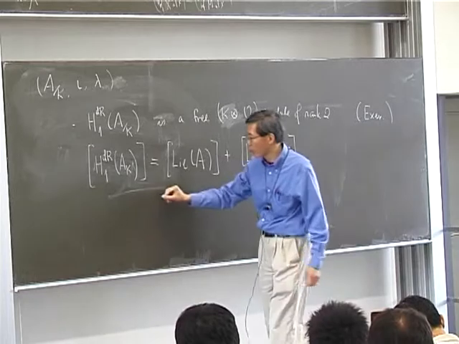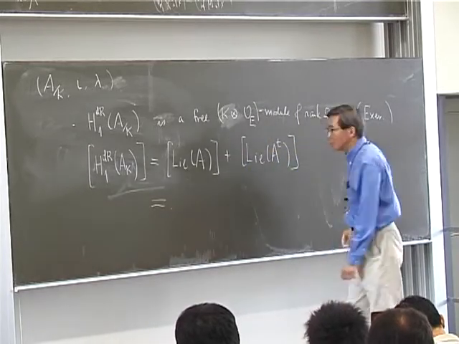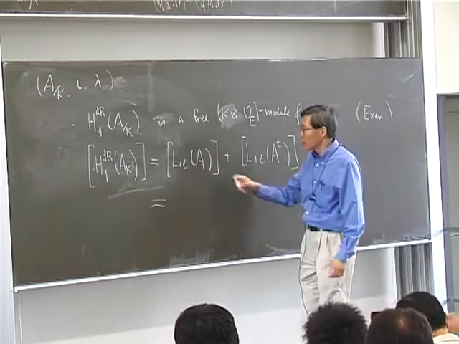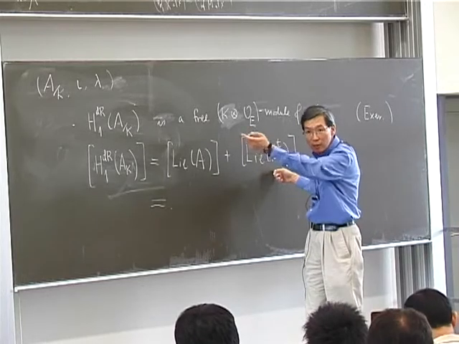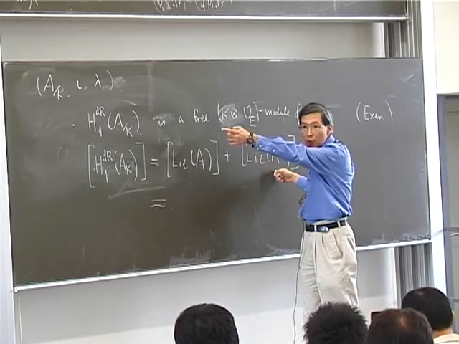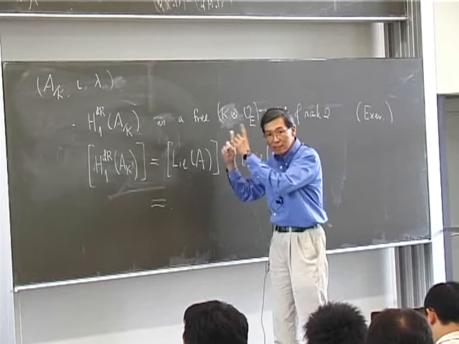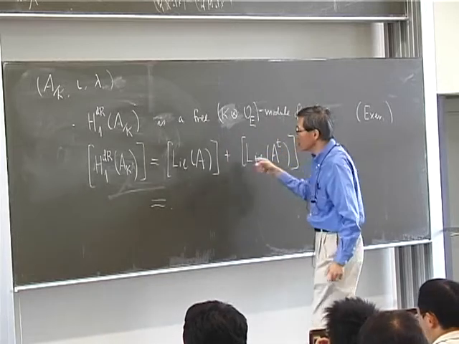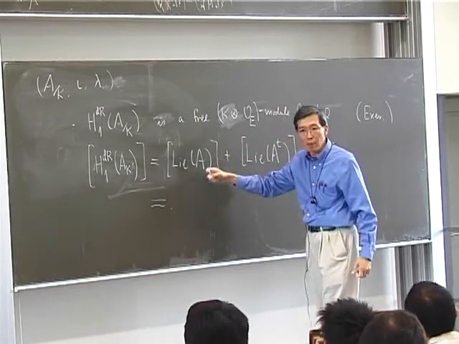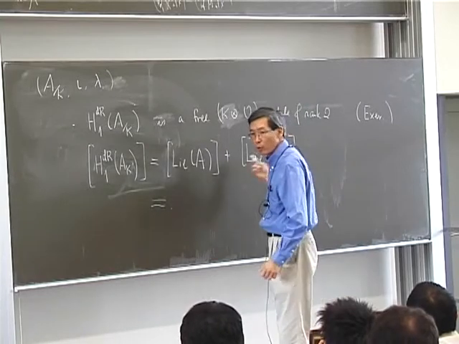But these two are the same because of the condition we require. So there is locally some lambda producing an isomorphism from A to its dual, compatible with the O_E action.